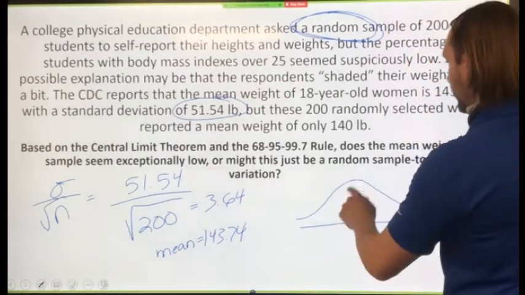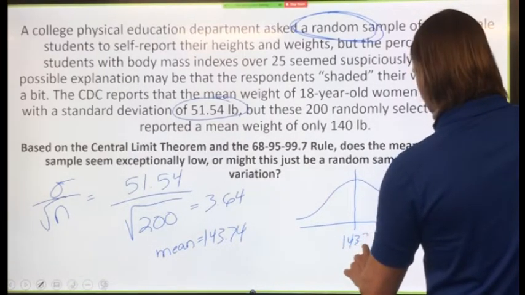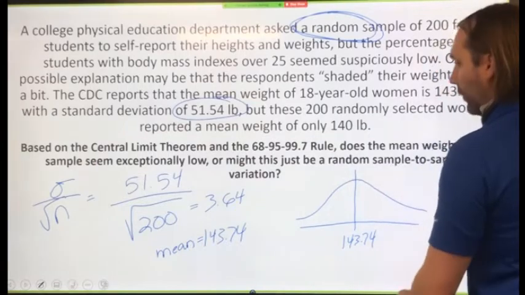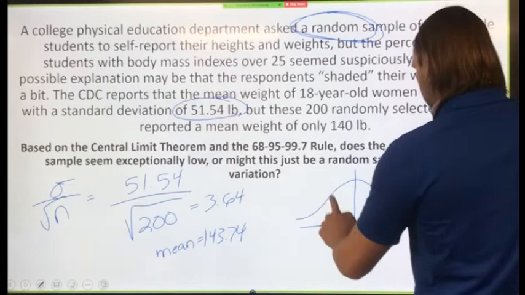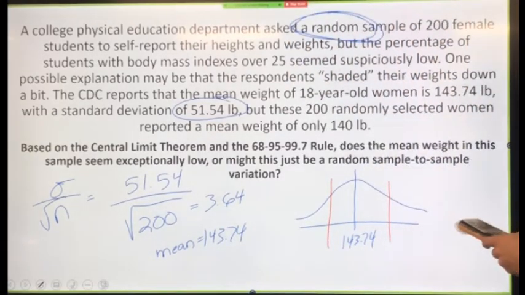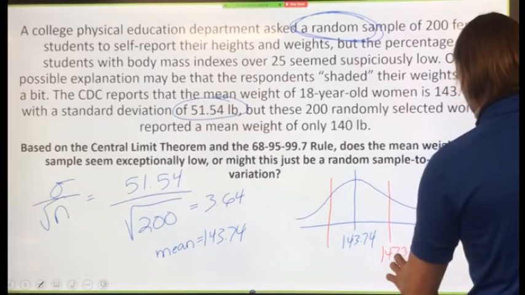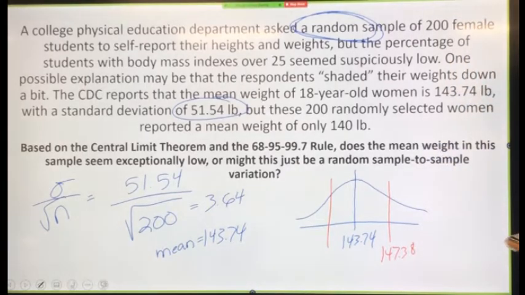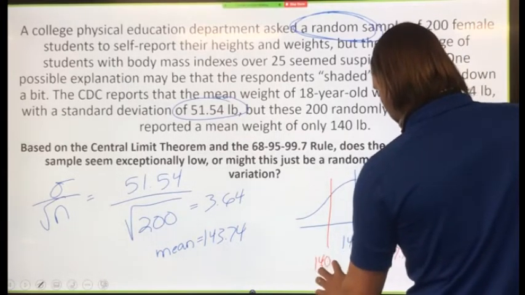So I have 143.74 as my mean. Going one standard deviation to the left and the right puts me where? 143.74 plus 3.64, 147.38, and 143.74 minus 3.64 is 140.1.